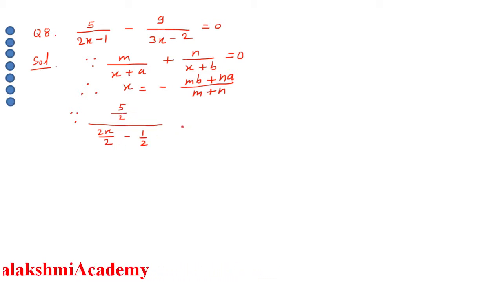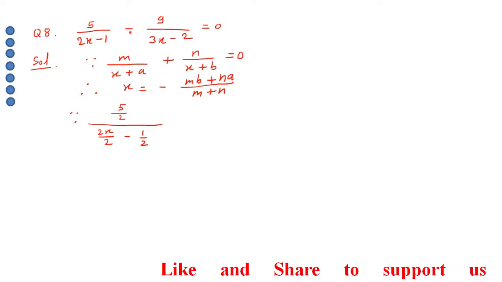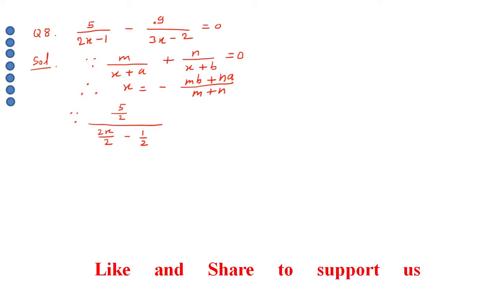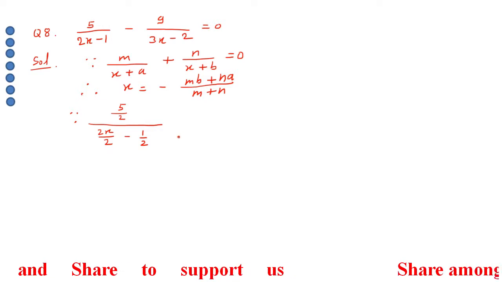In the same way here also, you can see the coefficient of x is 3, but we need the coefficient of x as plus 1. And one more thing, in the middle we need the plus sign, and what sign do we have? Minus sign. So we shift this minus to the 9, and we divide the numerator and denominator by 3. So it will appear like this.